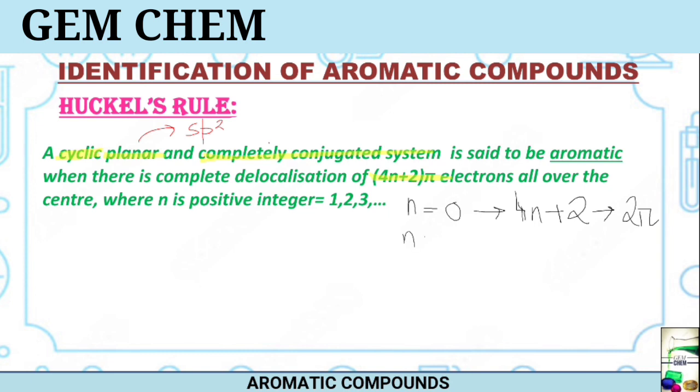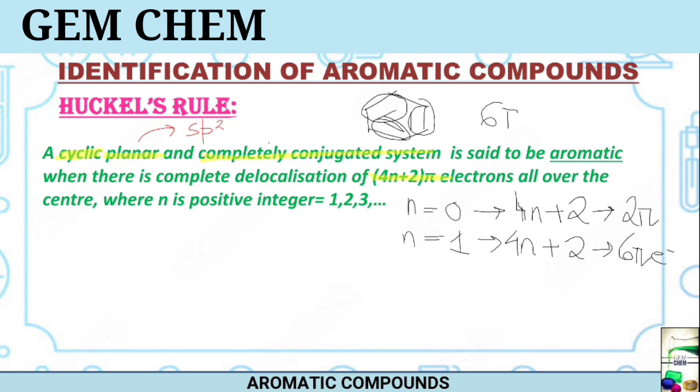Similarly, n equals 1 in 4n plus 2 gives 6 pi electrons. We know benzene has 6 pi electrons. If you consider, this is 1, this is 2, this is 3. 3 double bonds has 6 pi electrons. As a result, we can conclude that benzene is aromatic in nature.